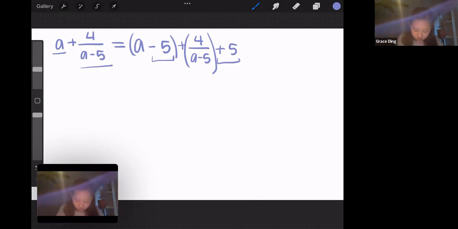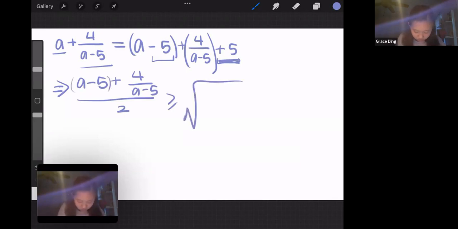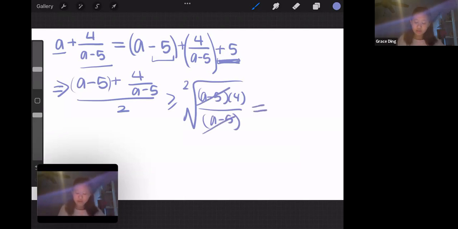So if we just set this basically aside using AM-GM, we know that, okay, so we can cancel this out. And this would just be the square root of 4, which is 2.